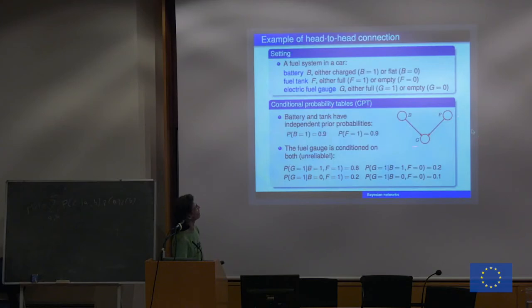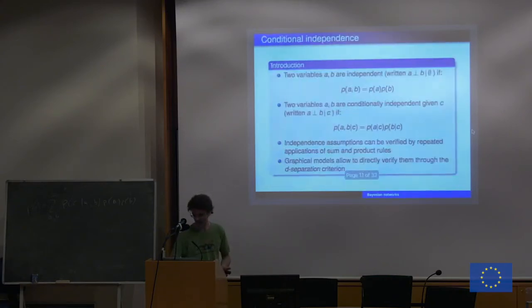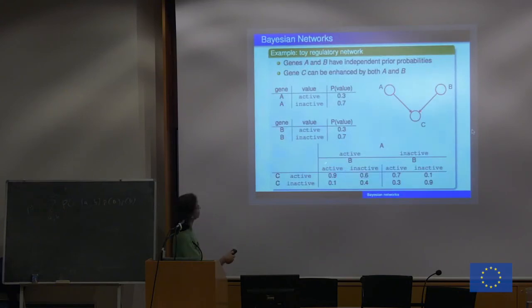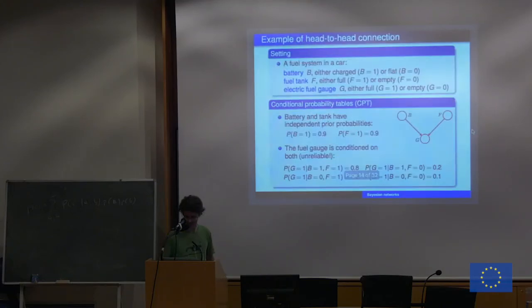Then you have the gauge, which, as before, should consider all possible cases for the parents. I only report here the case in which the gauge is 1, because the other row is just 1 minus that.